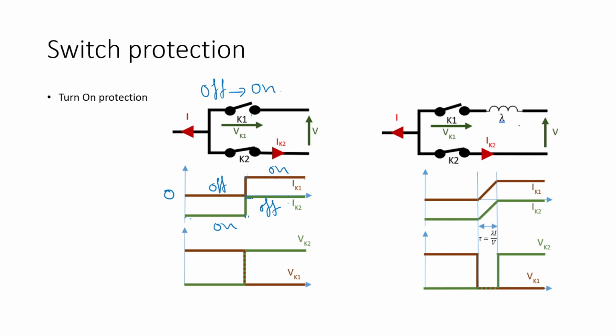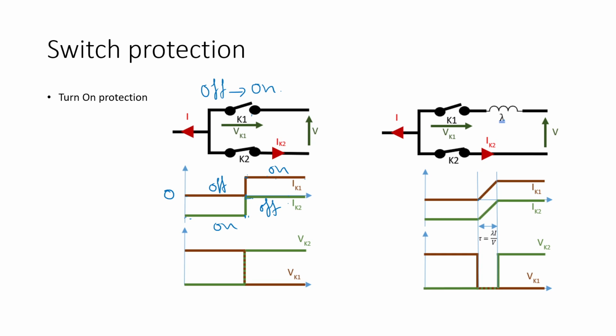So with protection, you want current to increase gradually and not sharply. And how do you do that? You need to use a filter element or storage element like an inductor or capacitor.